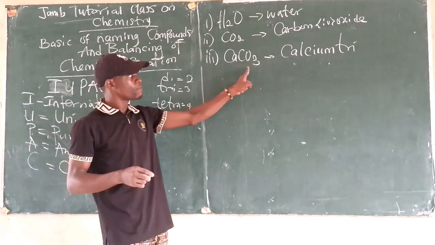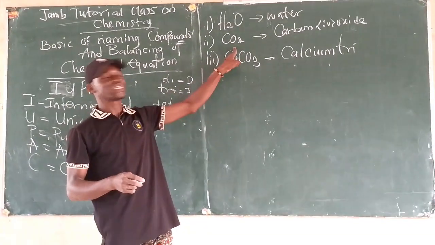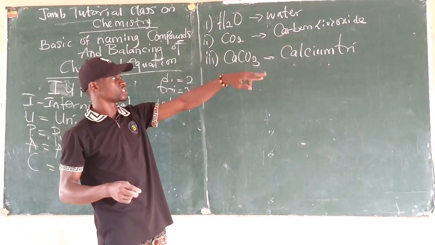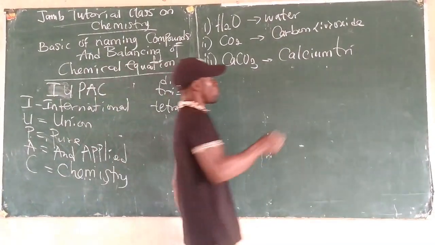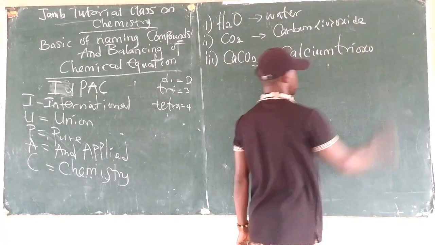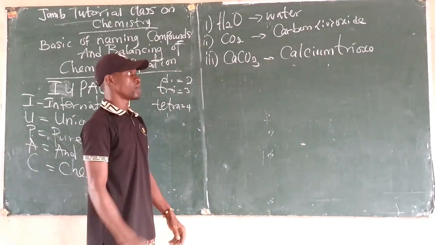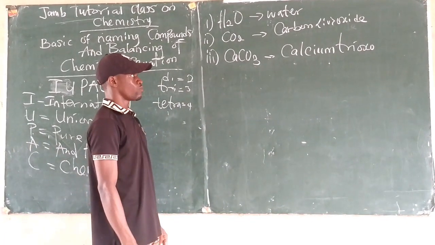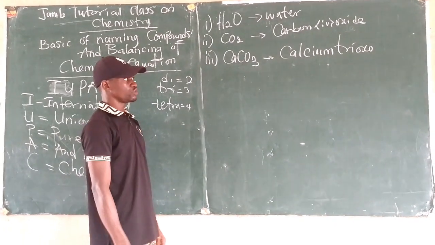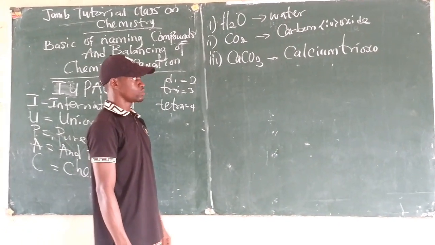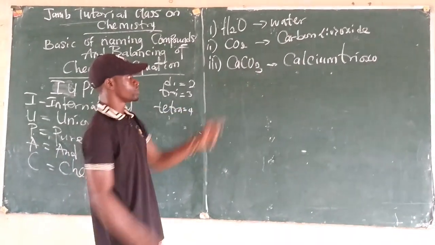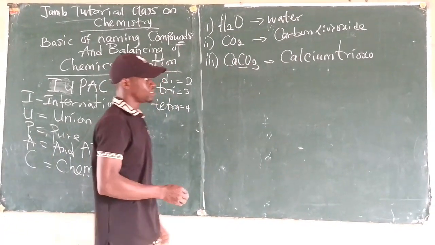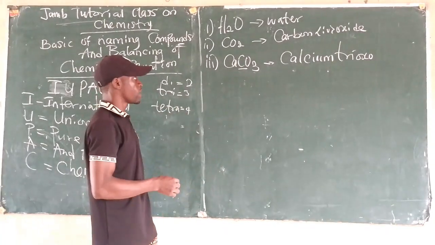Now remember, I told you when oxygen is with 1 element, it says oxide; with 2 elements, as you can see, use trioxo also. Have you seen that? When it's reacting with 2 elements, not just 1 element, you use oxo. So we have calcium trioxo. Then the middle element here is C. C is for carbon.